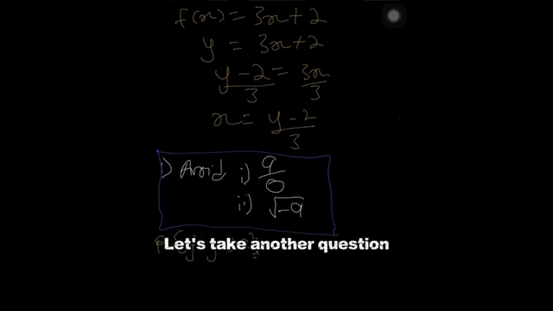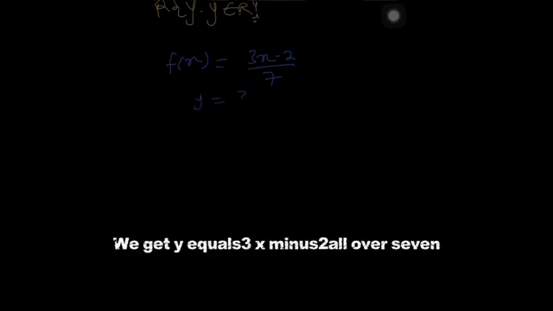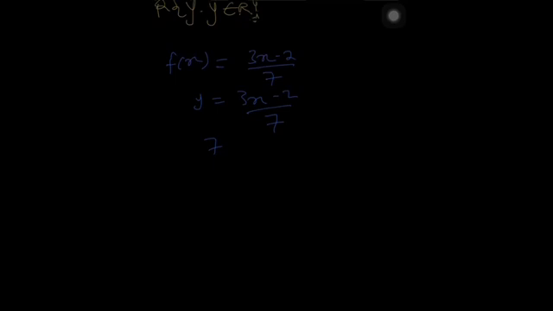Let's take another question. f of x is equal to 3x minus 2 all over 7. Again, we change f of x to y. We get y equals 3x minus 2 all over 7. We make x the subject, so 7y equals 3x minus 2. 3x equals 7y plus 2.